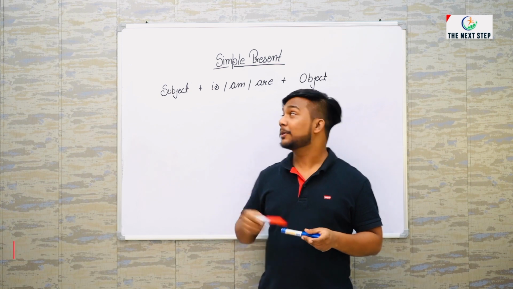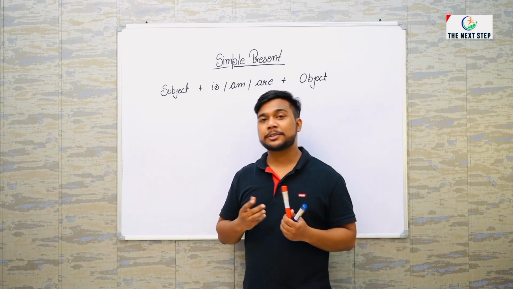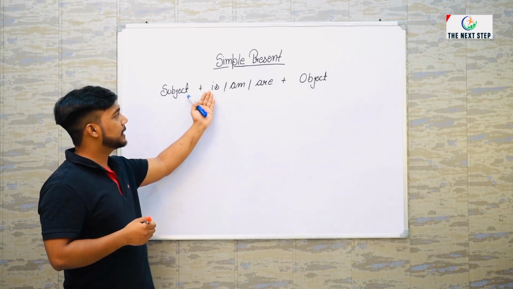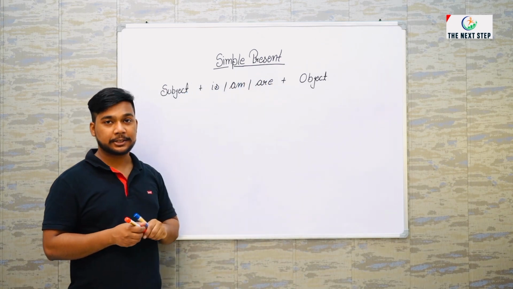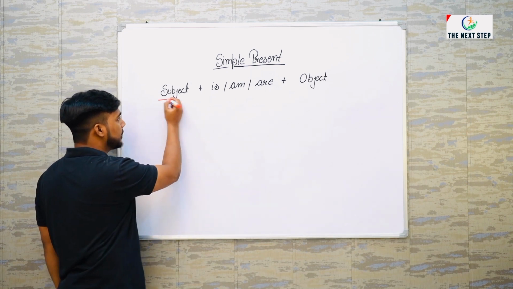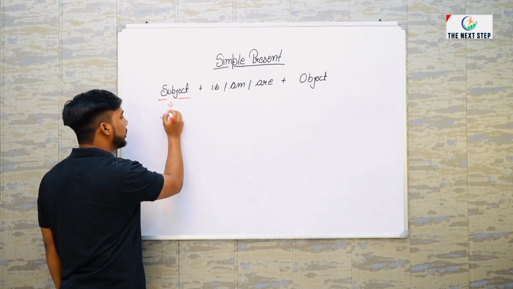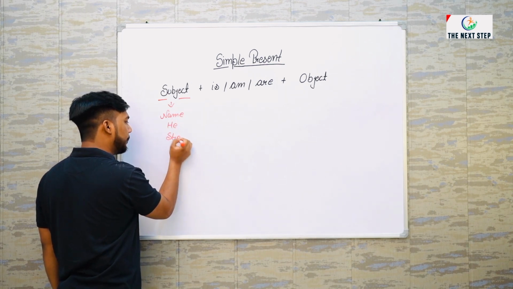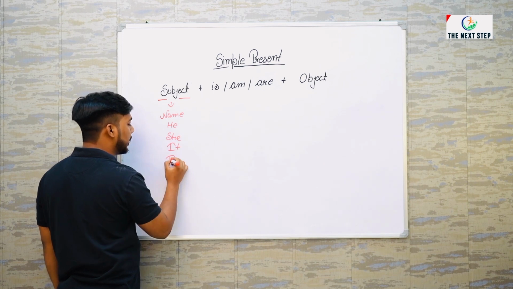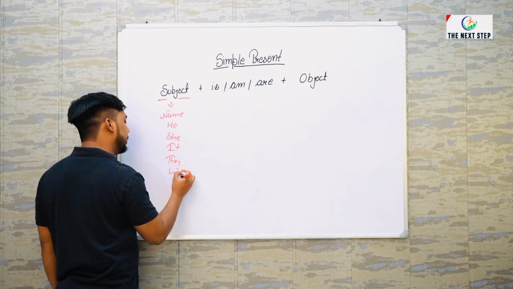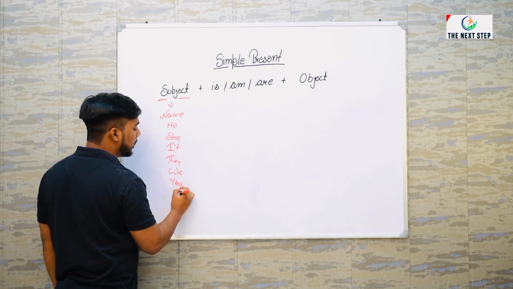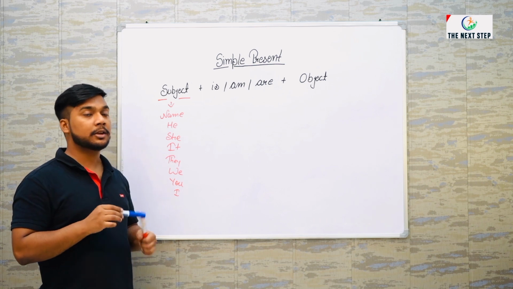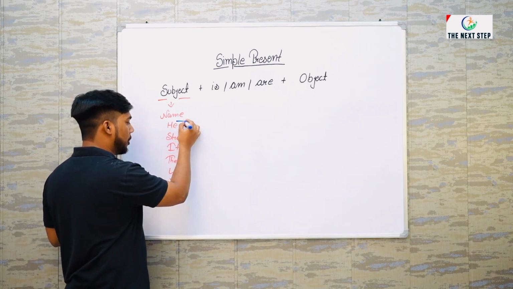Today I am going to help you use simple present. In simple present there are three tenses, but we are going to start with subject, is, am, are and object. Subject we have already learned in the last video: name, he, she, it, they, we, you, I. Your is and are depend on these pronouns.